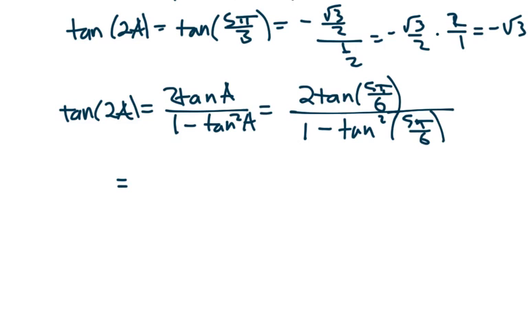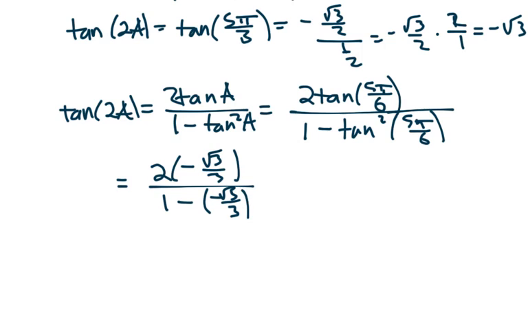Tangent of 5 pi over 6. Well, that's going to be in the second quadrant where tangent is negative. It's negative radical 3 over 3. And this becomes 1 minus negative radical 3 over 3 squared. In the top, you've got, yuck, a compound fraction.